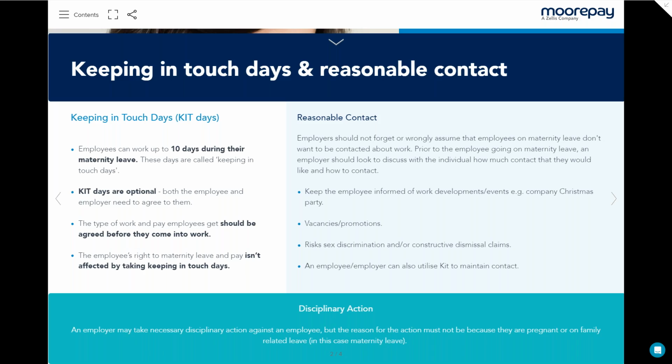We should also ensure that they are fully informed with any changes to the team, any promotions, any current vacancies in the team. Otherwise, we risk a discrimination or a constructive dismissal claim if we don't. So it's really important that they are fully aware of what's going on in the department, in the team, and in the business. And a kit day can be used to cover this.